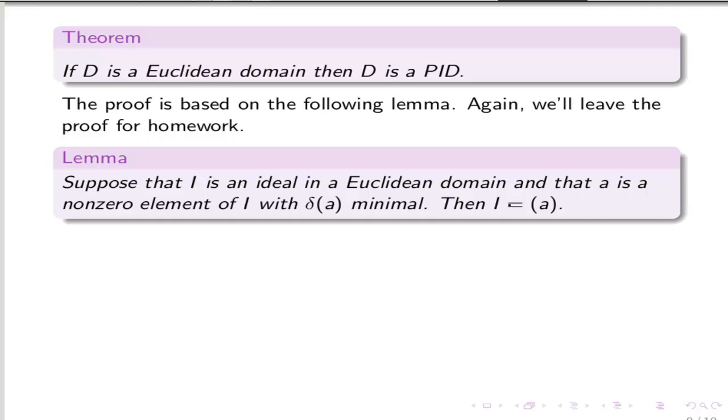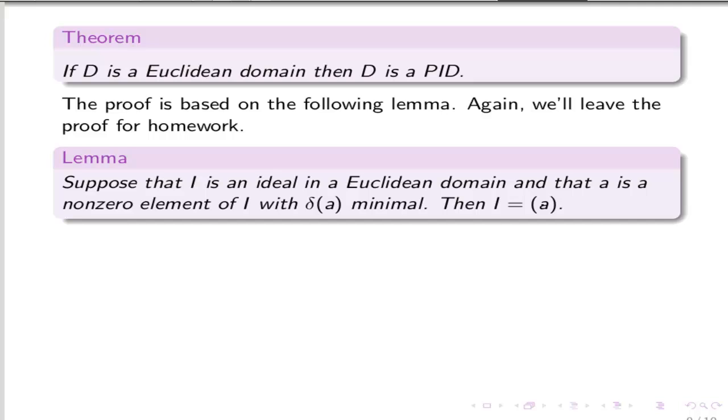Then I claim that I is generated by A. So it's the set of all multiples of that fixed element A. And this is an easy consequence of the division algorithm that exists in a Euclidean domain. So this is the key tool for proving that any Euclidean domain is a PID. If you give me any ideal, all I do is I pick out an element with delta of A minimal, and that ideal is a principal ideal generated by that element.